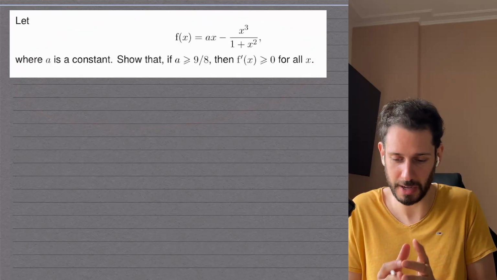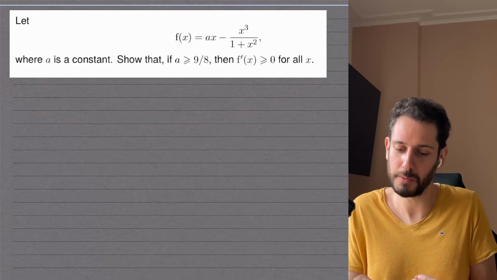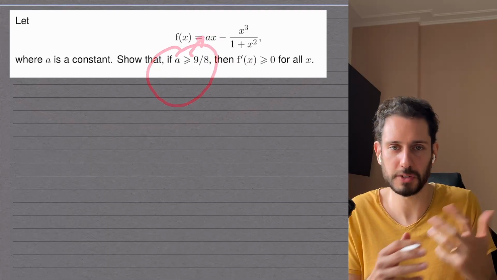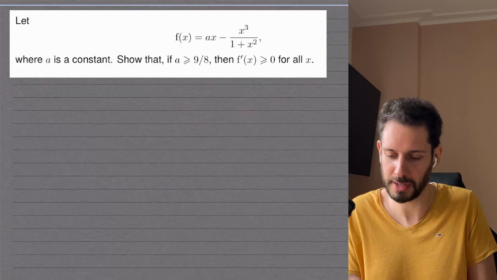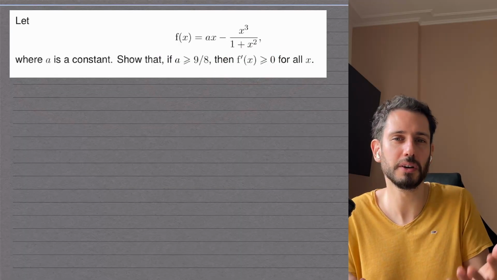So we see that we have a function f with some parameter a, and we are supposed to show that if a is over some value, 9/8, then the derivative will be positive. So the function will become basically increasing.